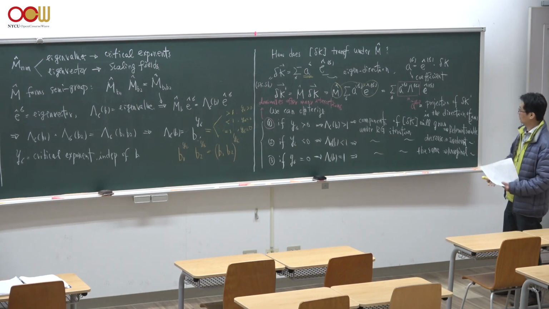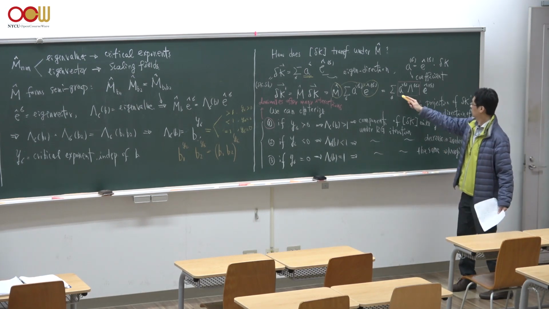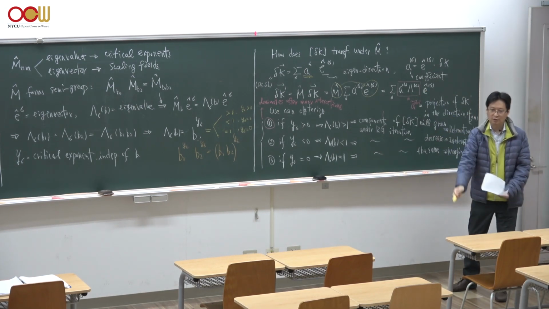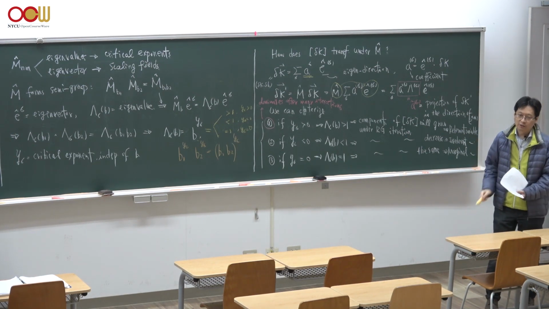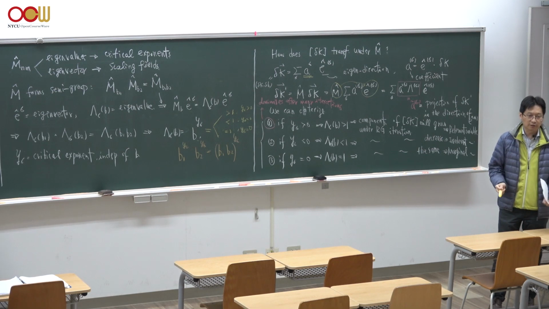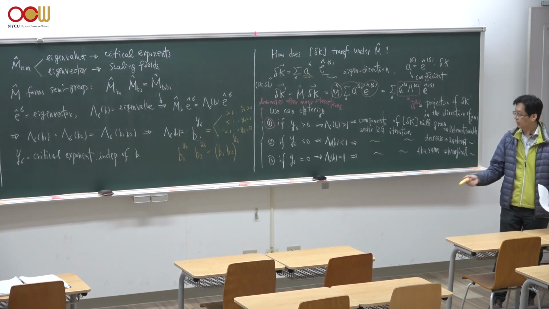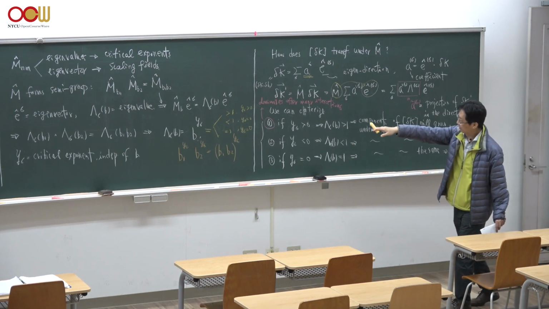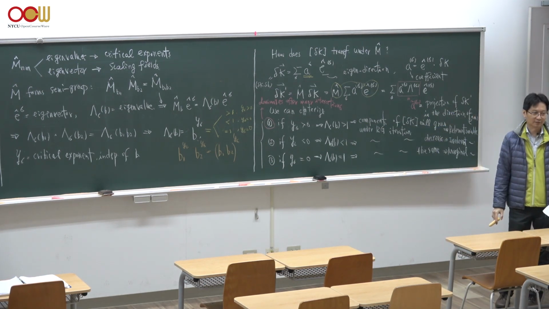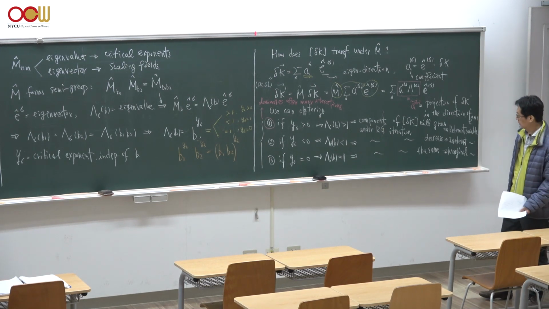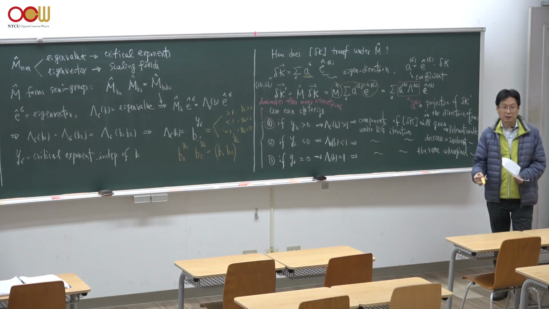So in other words, under RG, this coefficient, which is a projection of your delta k along some eigendirection, could be either increased or decreased or stay the same, depending on this exponent y sigma, which is the critical exponent. That is precisely the meaning of the relevant, irrelevant, or marginal variables.